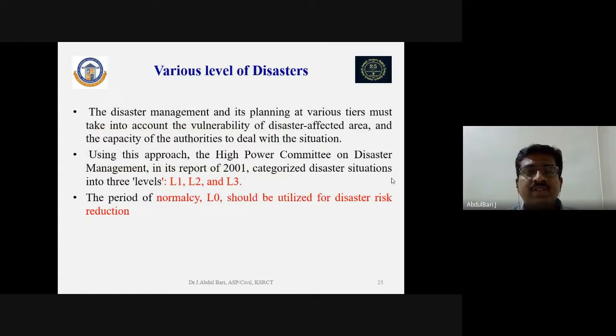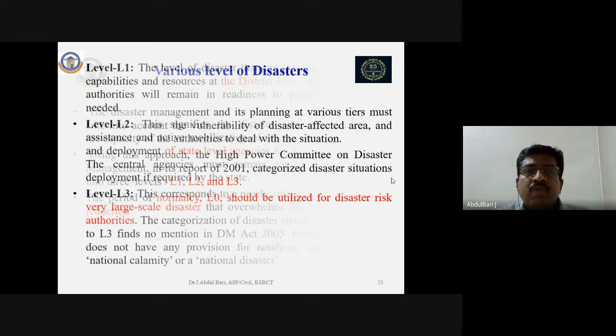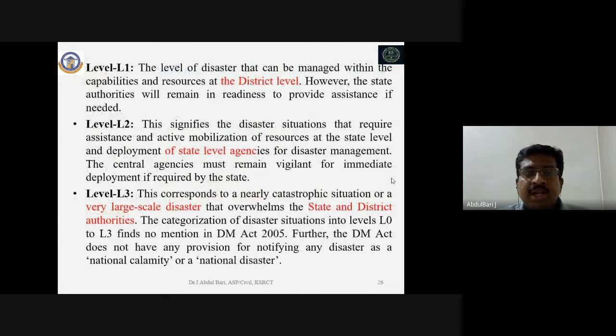The various levels of disasters will be taken into account, from L0, L1, L2, and L3. These levels run from the local bodies to the higher levels. For example, L0 is the local organizations within the district, L1 is the district level, L2 is the state level, and L3 is the national level.